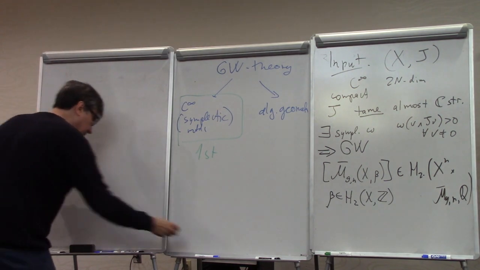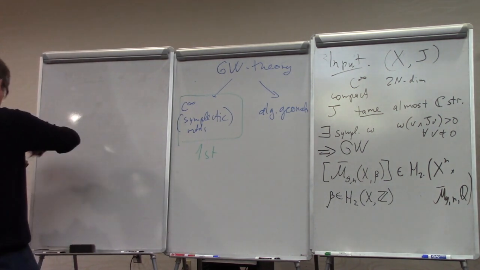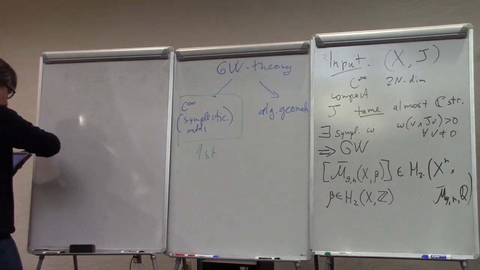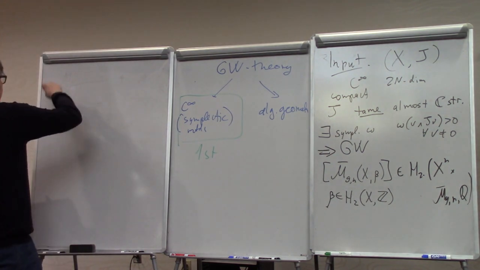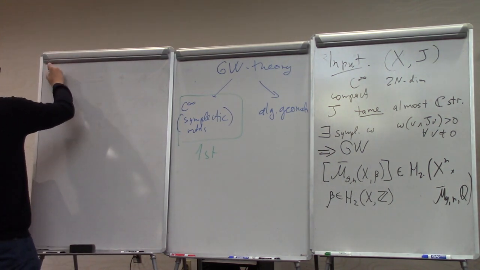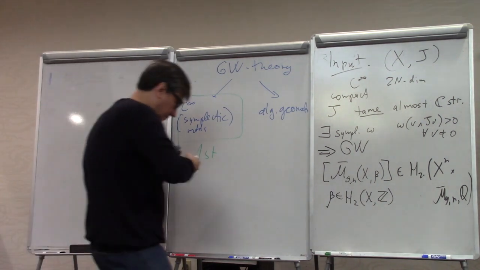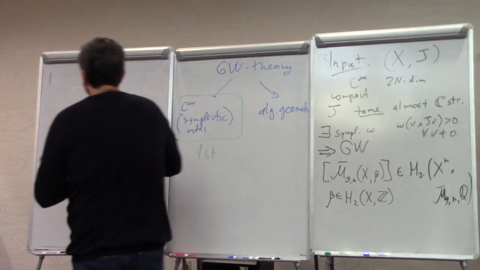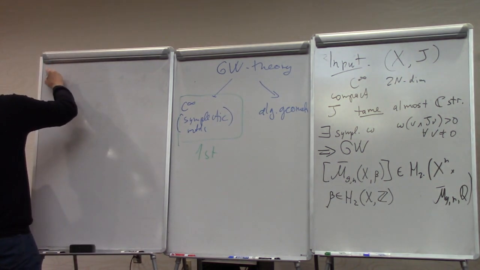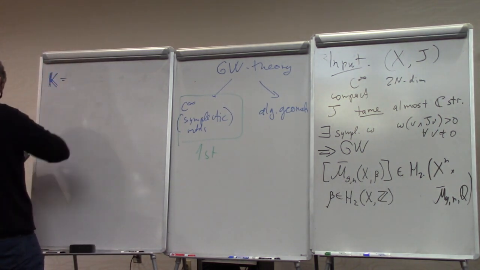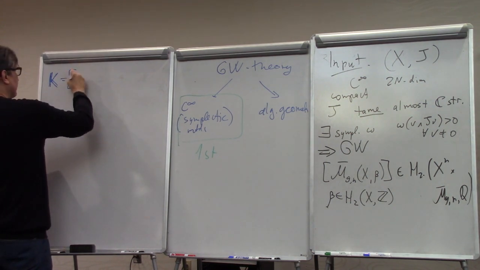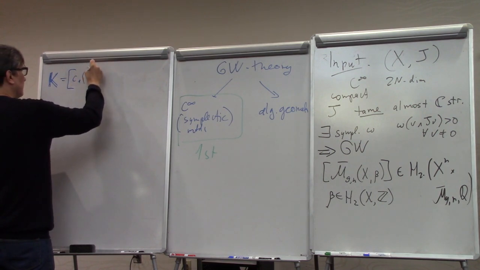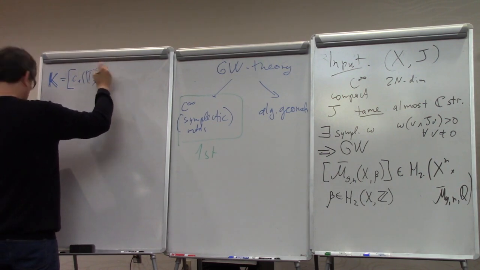So the operator K is quantum multiplication by the following: you take the first Chern class of the tangent bundle, like the canonical class, plus a certain correction.